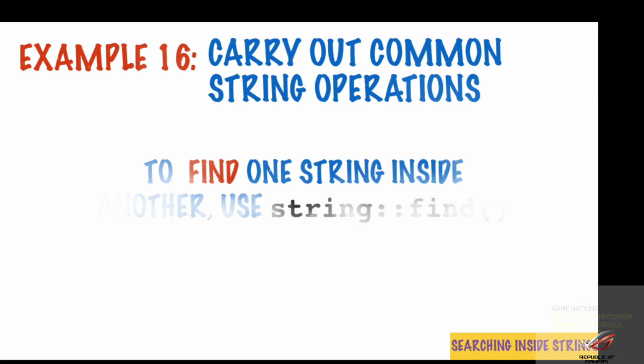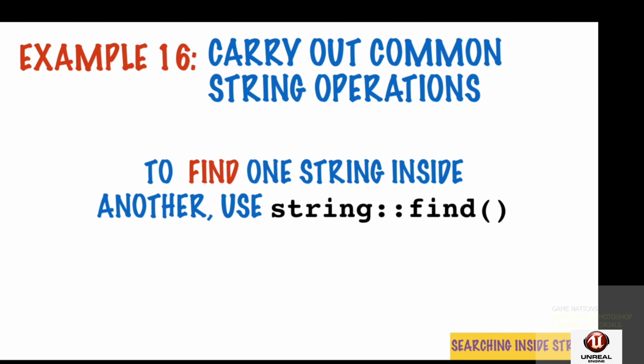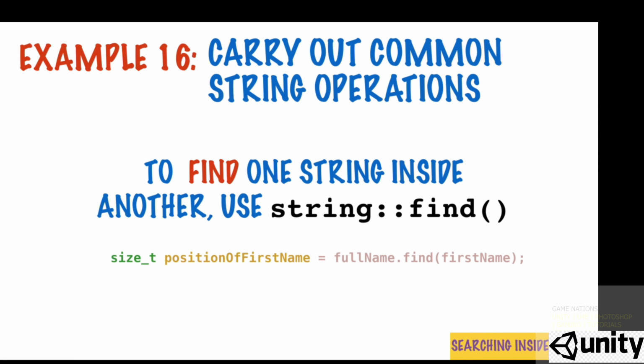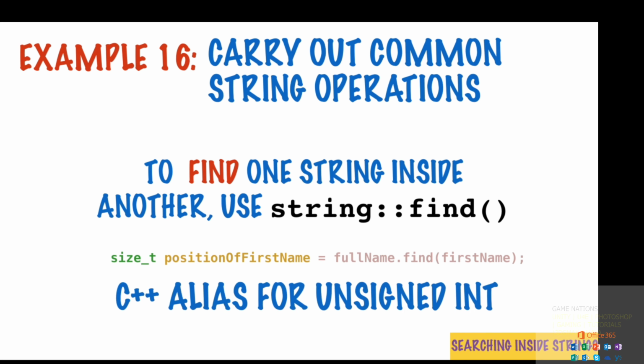Okay, let's now move on to searching inside strings. Now there are loads and loads of different member functions which allow us to search inside strings. The most common is the find function. Here we search for the position of some string inside another string, and the return from this function is the position, which is an index, i.e. the starting point starting from 0.